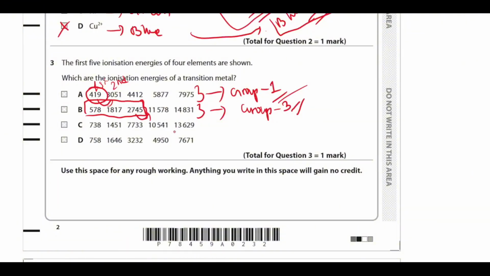If we talk about C, there's a big jump between the second and the third electron. So 2 electrons were removed from the outermost shell, making this metal a group 2 metal. That won't be the correct answer either, because transition metals are not in group 2. So the only viable option would be option D.